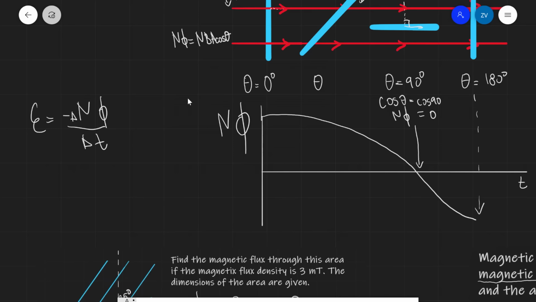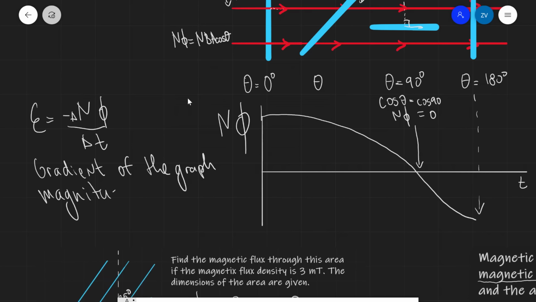So our gradient, this is really important, the gradient of the graph, will give us the magnitude of the induced EMF.